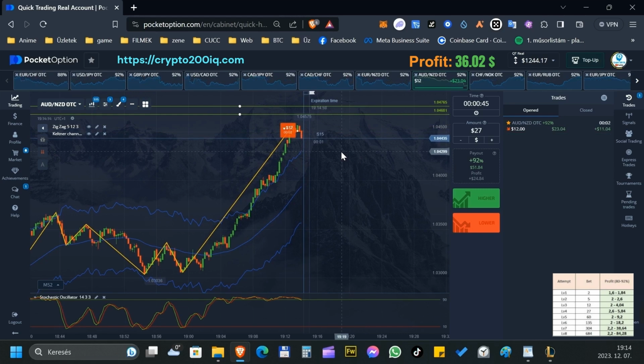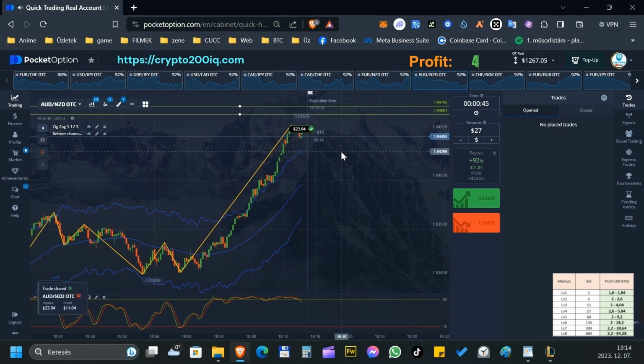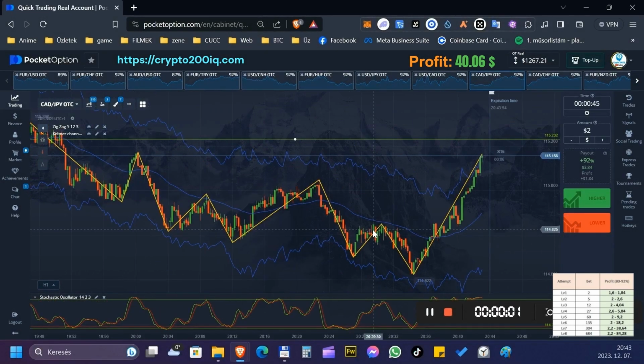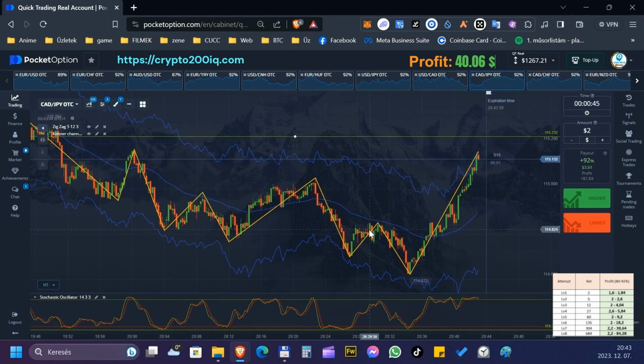But it seems we're winning, and with that, we've also wiped out the losses. Let's take a look at the next one. This seems like a good exchange rate.